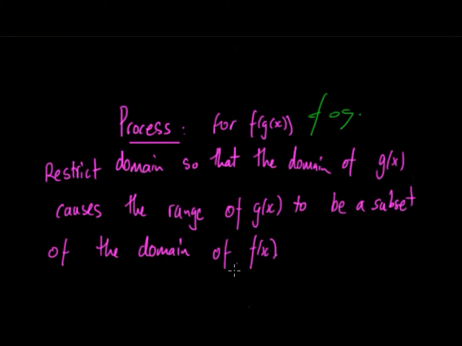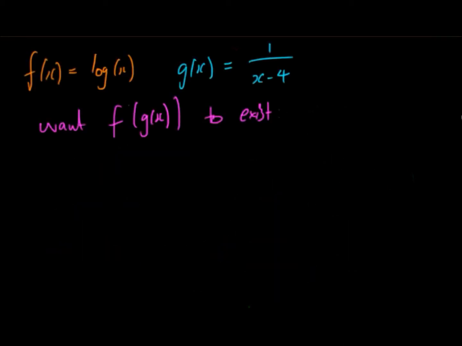And once this happens, f(g(x)) exists. Alternatively, you can sub in these values, get the equation in terms of x, and then see what values of x this equation will occur for, but that means you have to sub in f and g, and sometimes it's a bit easier to use this process.